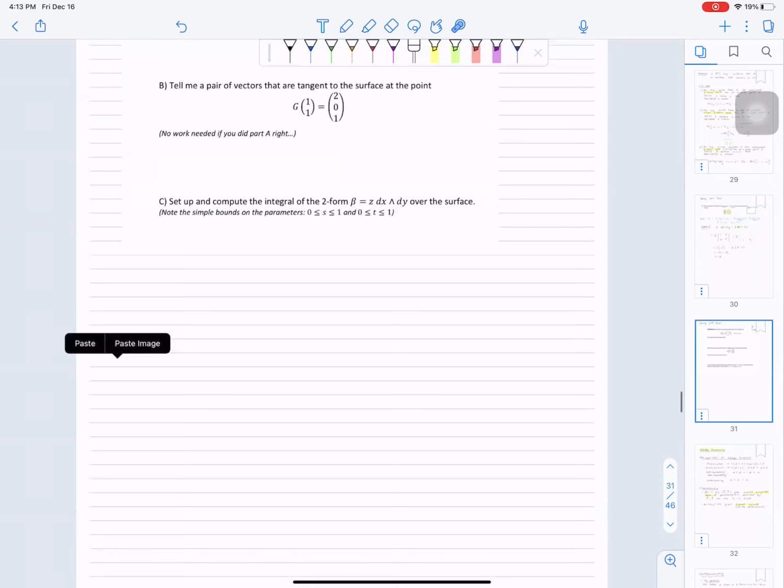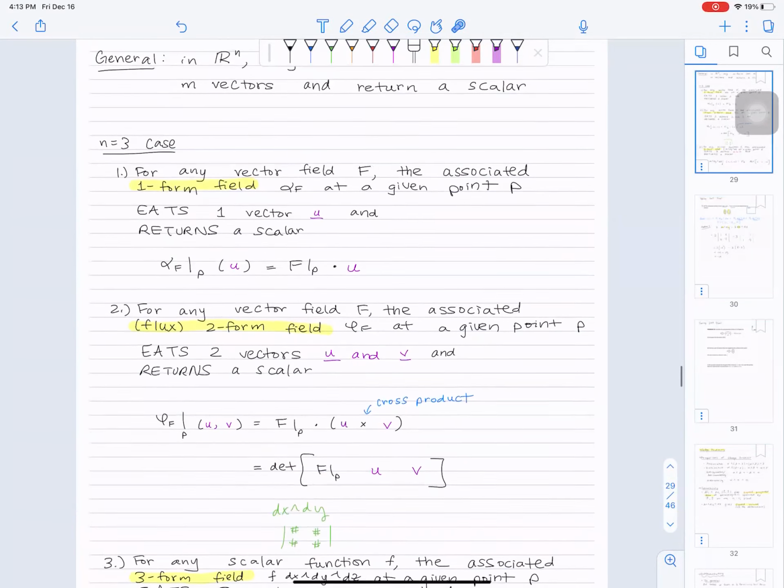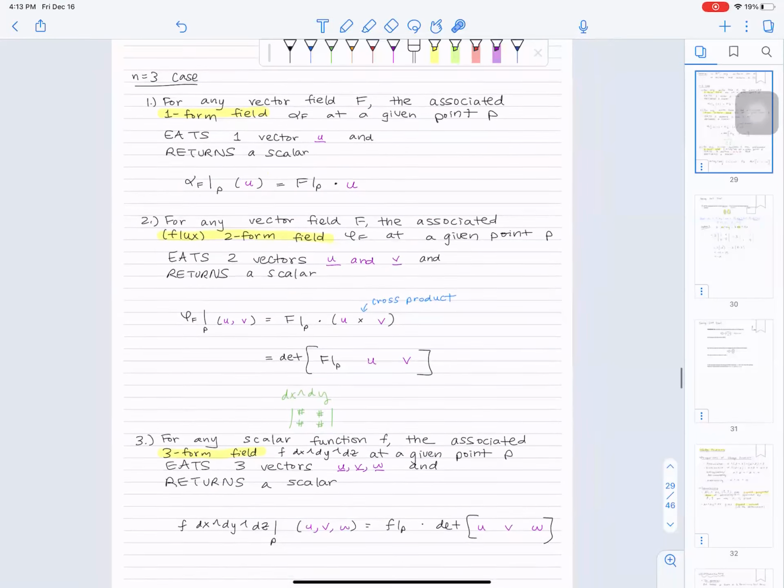Someone asked in the chat, with which theorem do we use the flux one form? If you have a one form field eating a vector, you would take that field and dot it with the vector. I'm not sure if there's a flux one form.